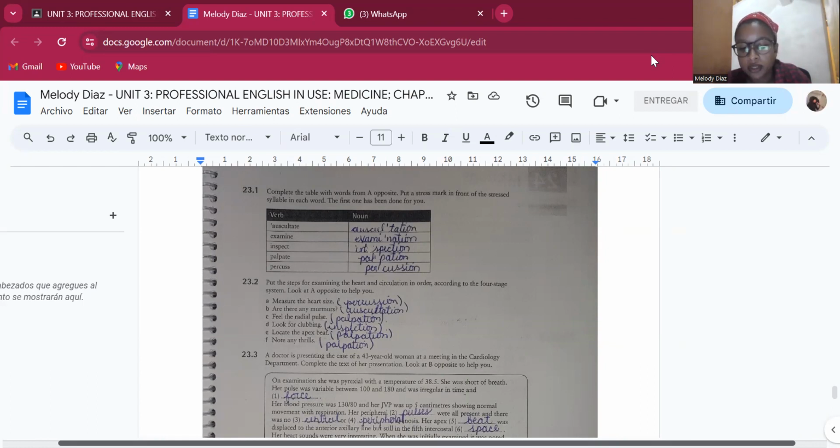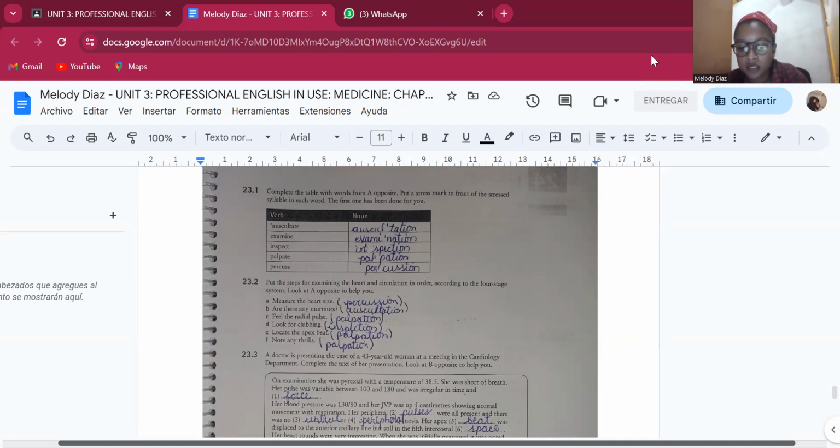Verb, inspect; noun, inspection. Verb, palpate; noun, palpation. Verb, percuss; noun, percussion.